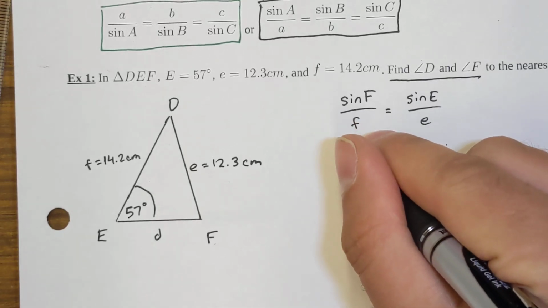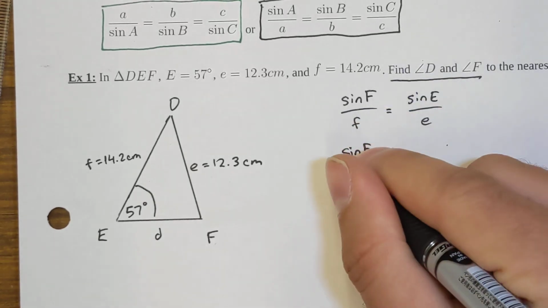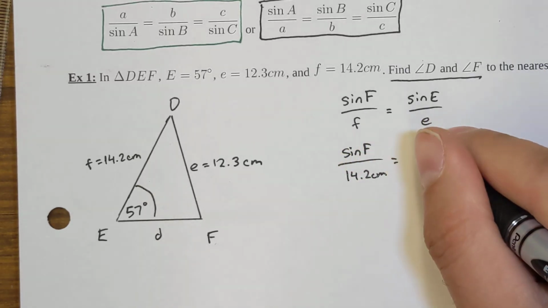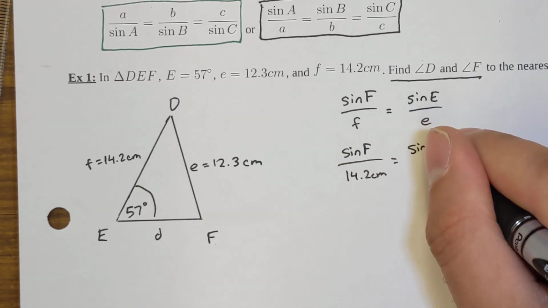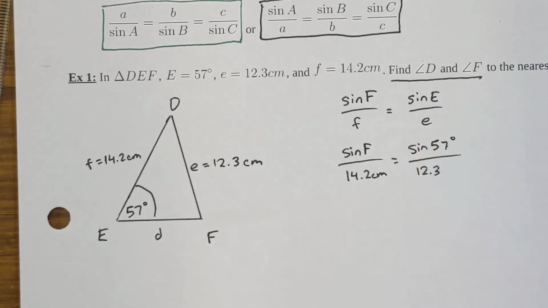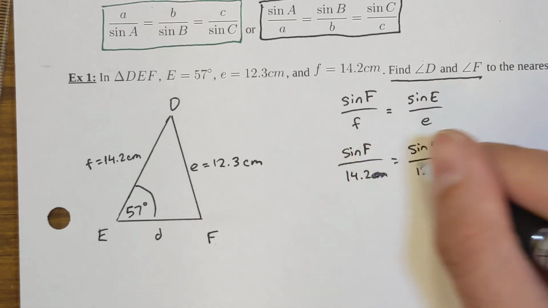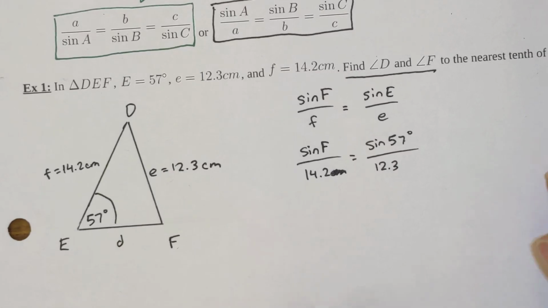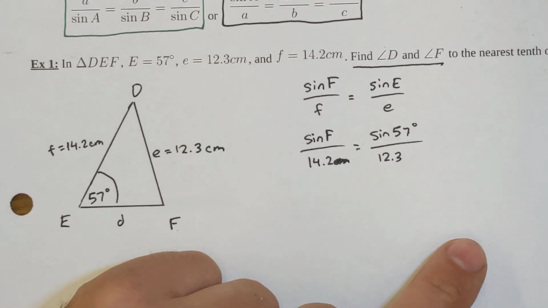Well, we don't know our angle F. We know side F is 14.2 centimeters. Our angle E is 57 degrees. Side E is 12.3 centimeters. We don't need to add the units into our equation because it can make things more confusing.